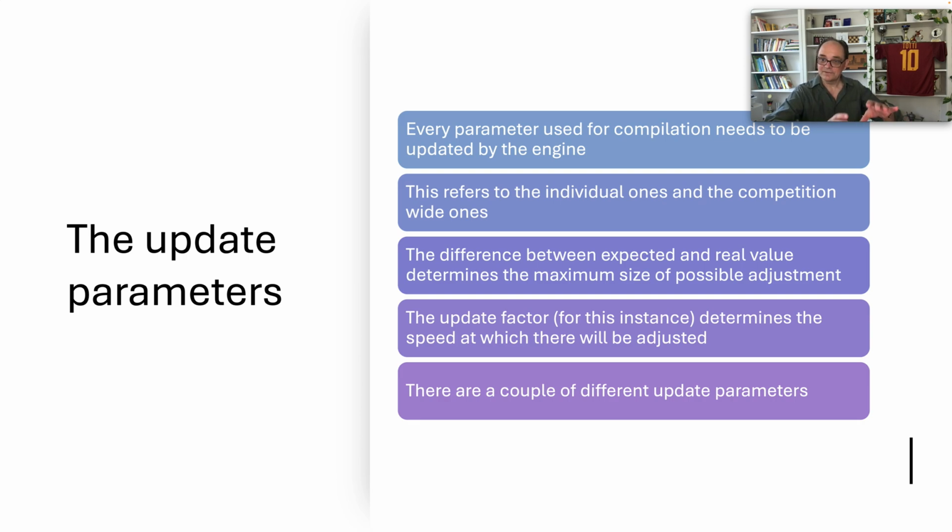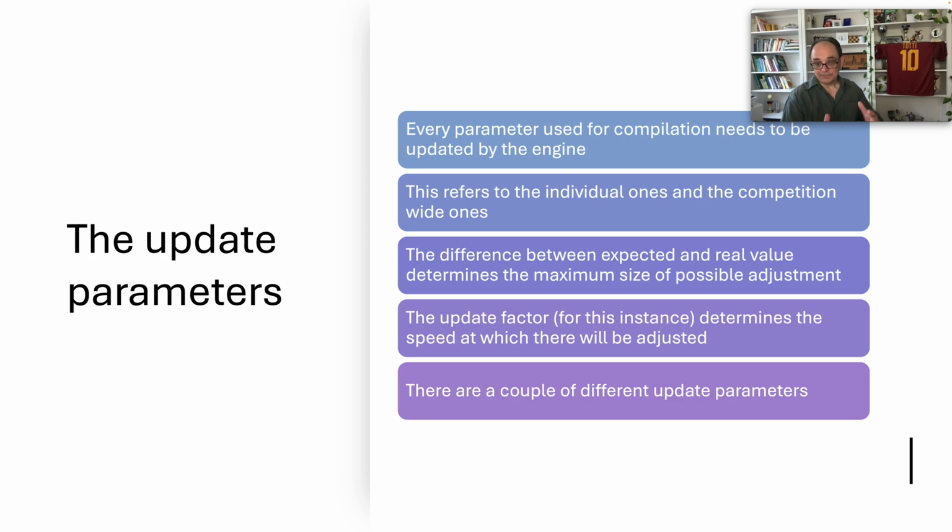Anyway, this refers to the individual ones and the competition-wide ones. So every team has its settings, and the competition itself has its settings. They depend on each other, but they need to be kept as exact as possible, to make the computation as good as possible. The difference between expected and real value determines the maximum size of a possible adjustment.